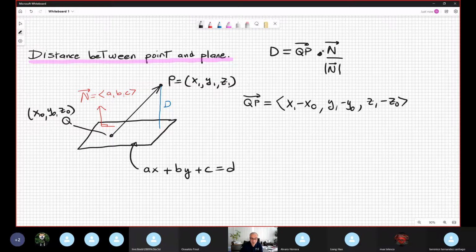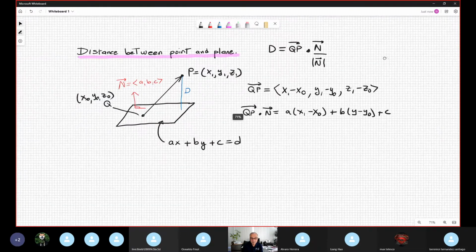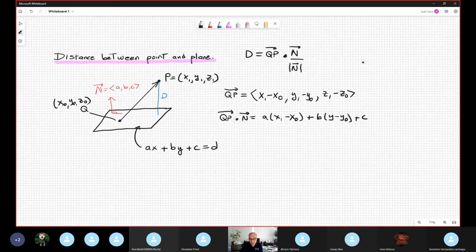Let's do, first of all, the QP vector dot product with N. It's easy because N is ABC, no? So A times X1 minus X0, plus B times Y1 minus Y0, plus C times Z1 minus Z0.